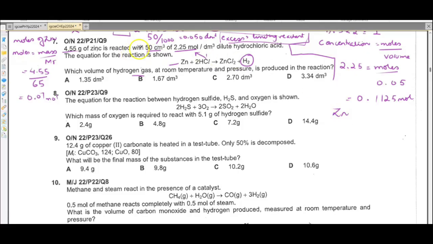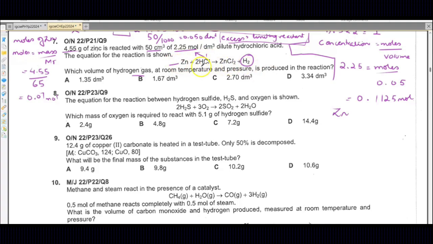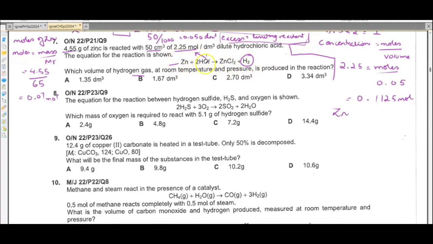They've given us the fact that 50 centimeter cubed of 2.25 moles per decimeter cubed of dilute hydrochloric acid was reacted with zinc. But how much was required and how much was provided is another story. In order to complete this reaction, a certain amount of moles is required that we are going to find out with this equation. So zinc and HCl.